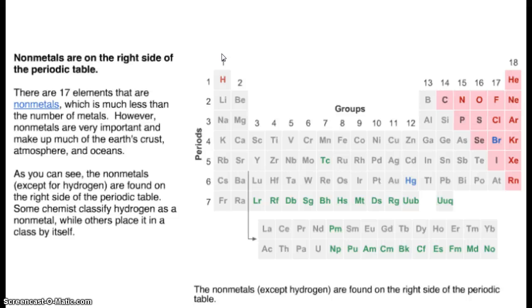However, nonmetals are very important and make up much of the Earth's crust, atmosphere, and oceans. As you can see, the nonmetals, except for hydrogen, are found on the right side of the periodic table. Some chemists classify hydrogen as a nonmetal, while others place it in a class all by itself. In this class, we go with the fact that it is a nonmetal.